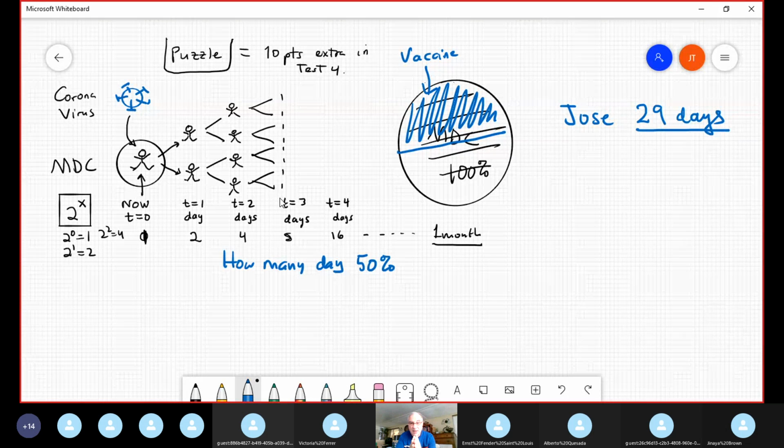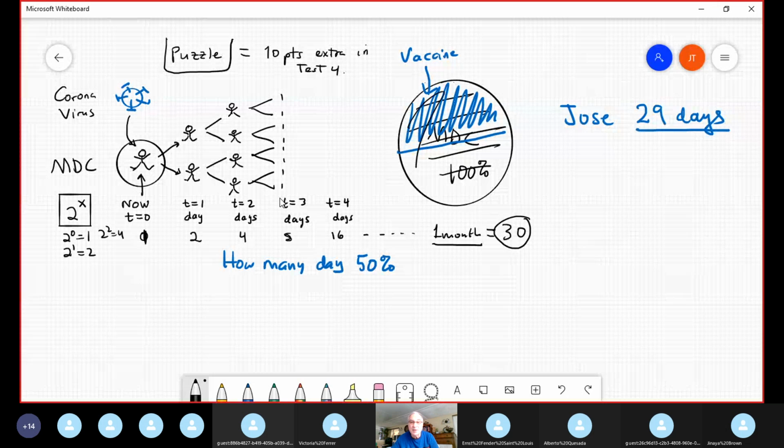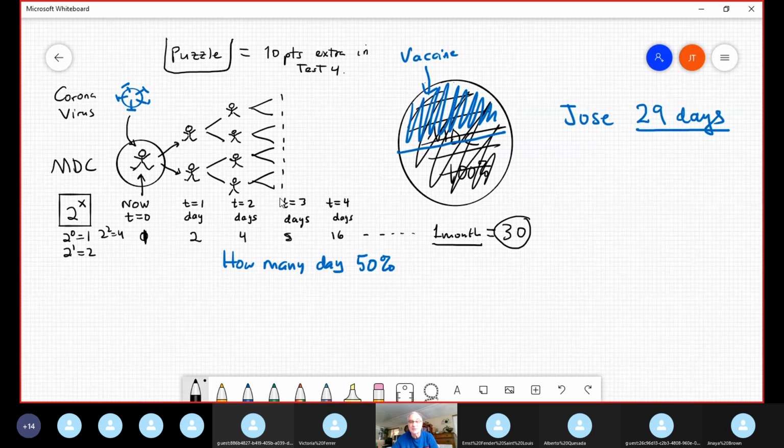Now, I tried to confuse you a little bit, no? 1 month represents 30 days. And at 30 days, the entire Miami-Dade College, 100%, is sick. My question was, at what day is it 50%? 50% is half of this. So the pattern is 2 to the x, and 2 to the 30 is equal to the total population of this college, this country.